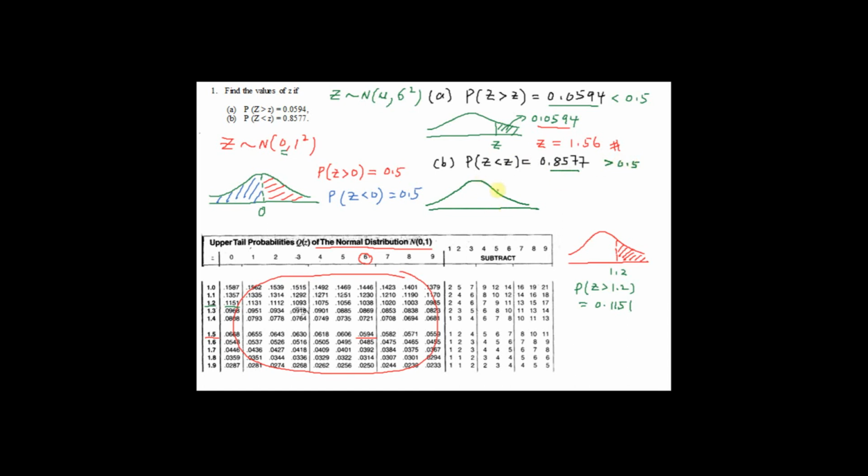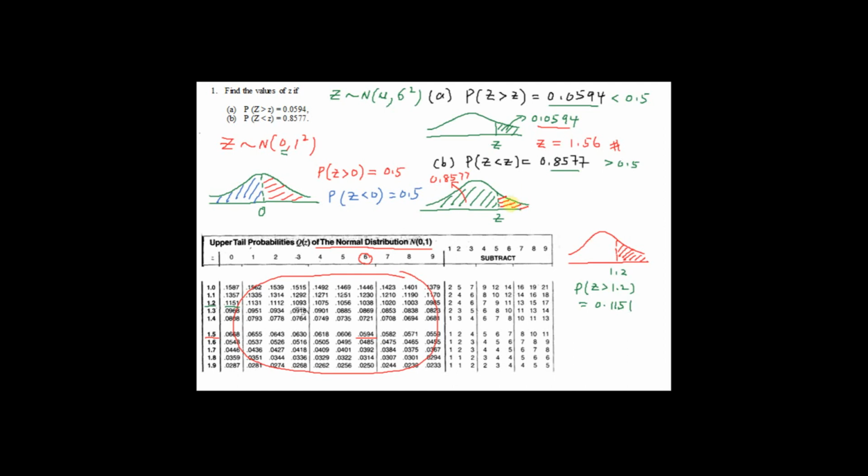So you should expect the value should be here because they are less than a z here. This area here represents 0.8577. You can't get 0.8577 from the table because your table only gives you the upper tail, that is this tail here, the tail on the right hand side.